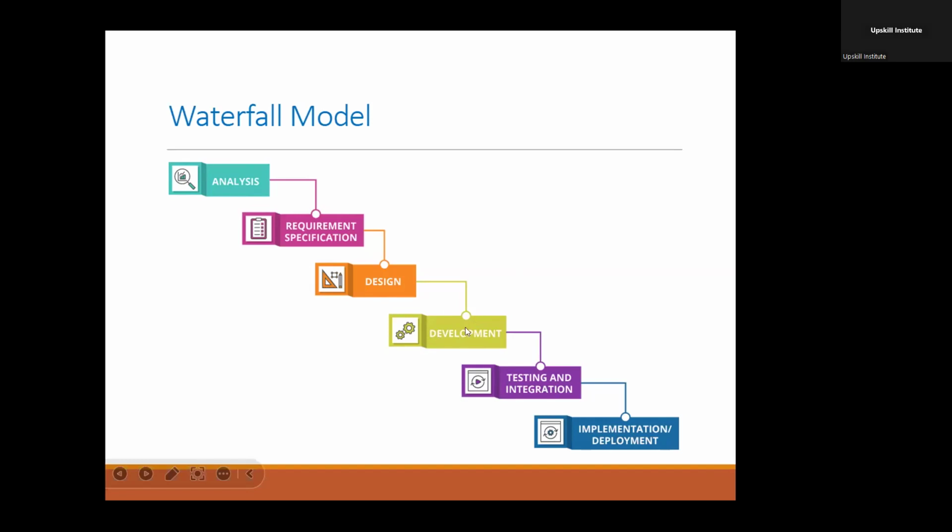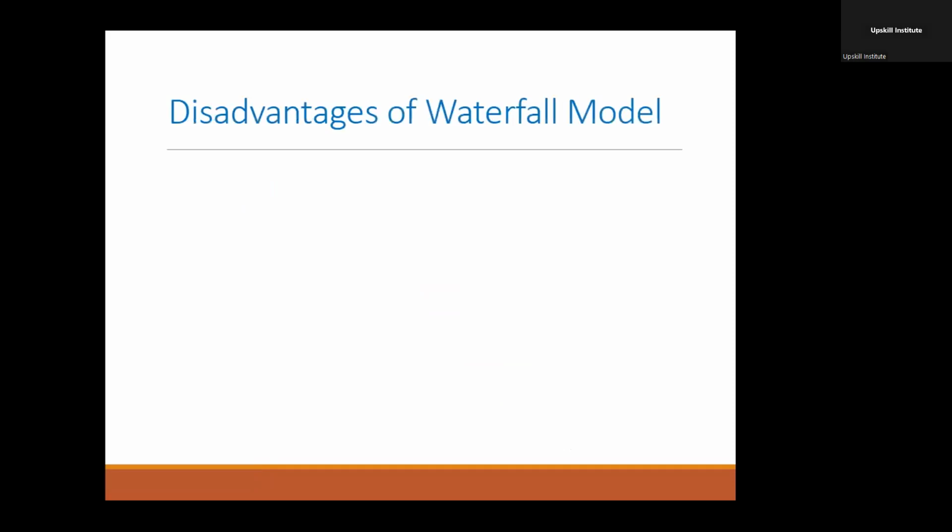Let's say the development team finished development 6 months before, testing took 3 months, and deployment took 1 more month. After 6 to 7 months or 1 year, it is difficult for the development team to go through that code again and check what the issue is and how to fix it, because they may have started working on another project. So these were the main drawbacks of the waterfall model.